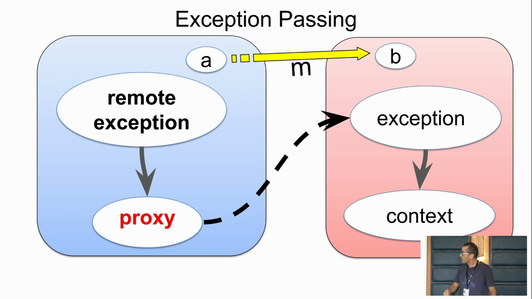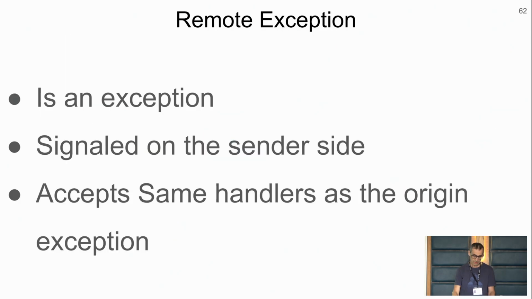It has a proxy, so it remotely references the exception on the side of B, and we can remotely access the context. But the remote exception is still an exception. It's signaled on the sender side, of course, but it accepts the same handlers as the original exception.